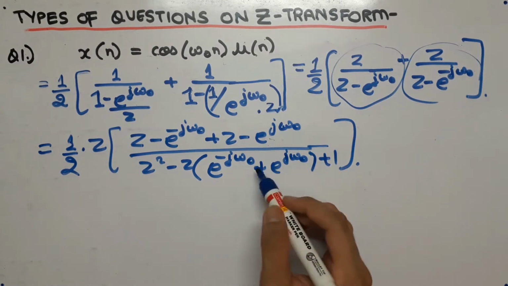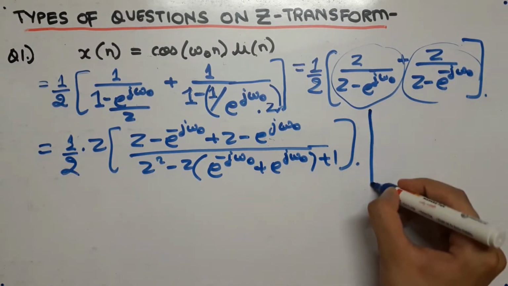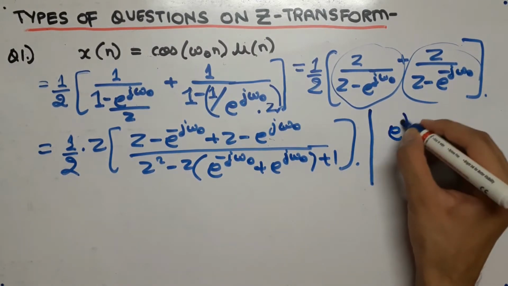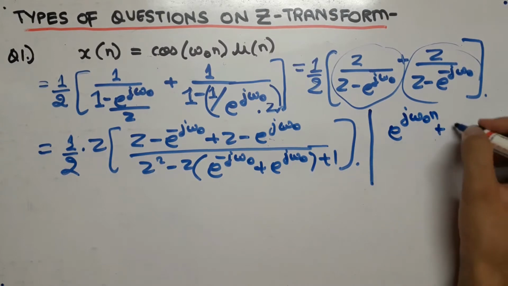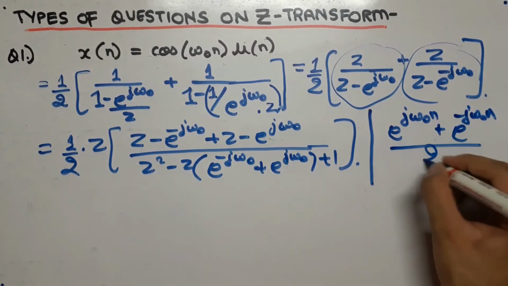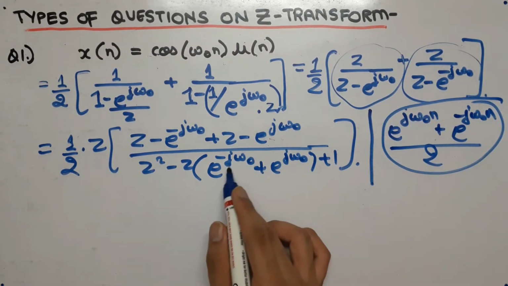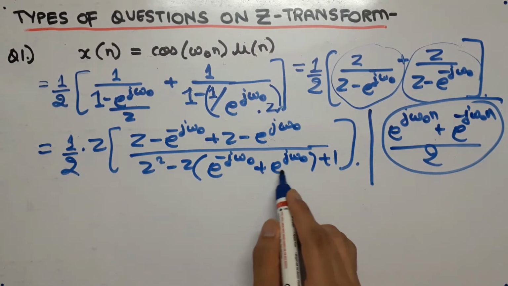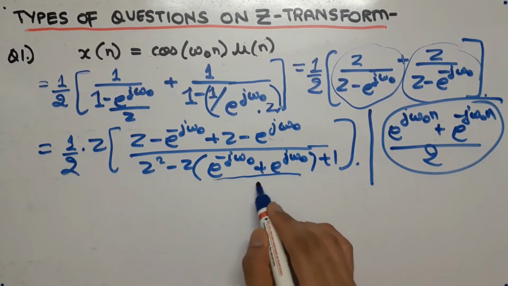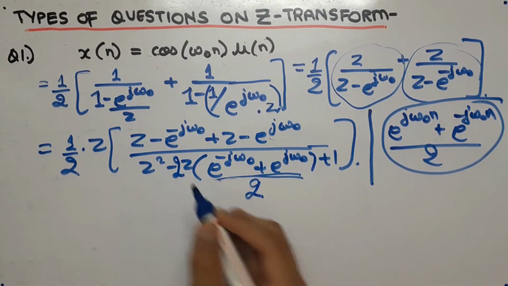Now guys, this is what we have got on adding these two parts. Now you must remember that at the starting of the question, we converted cos omega naught n in the value of e, that is, we wrote e to the power j omega naught n plus e to the power minus j omega naught n by 2. So here you can see we don't have n, but we have e to the power minus j omega naught and plus e to the power j omega naught. And so we are going to multiply and divide this by 2. That is, we will write 2 over here and 2 over here also.